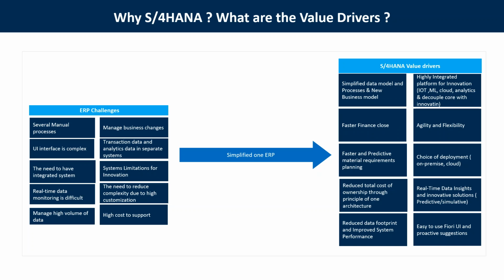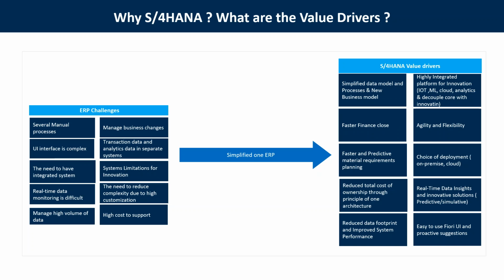One example I can think of is predictive MRP. You don't have to actually create planned orders in the system. You can run a simulation on the MRP and see what the impact will be. Same case, you can do it for predictive revenue. In the 1909 version, SAP also released a predictive delivery delay capability. That means the system can predict your delivery delays.